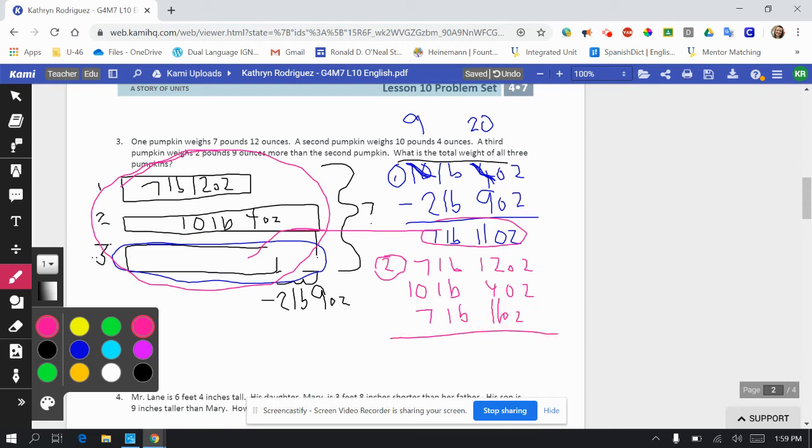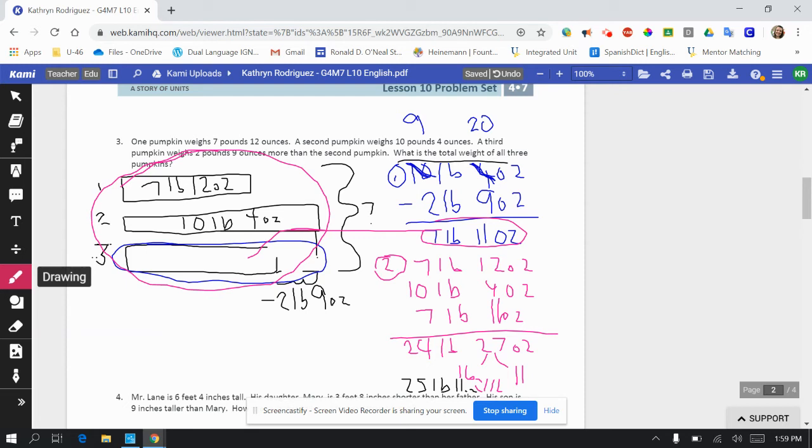All right, 12 plus 4 plus 11, 27 ounces. 7 plus 10 plus 7 is 24 pounds. All right, so here we have 16 and 11. The 16 equals 1 pound. So really here we have 25 pounds and 11 ounces.